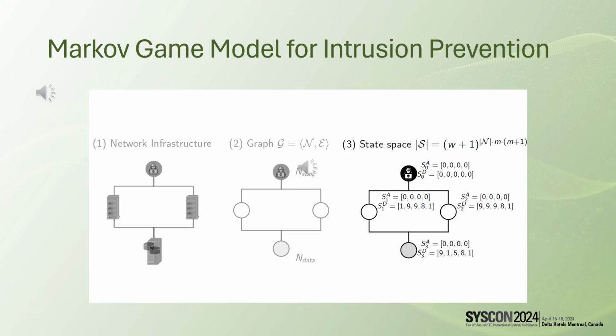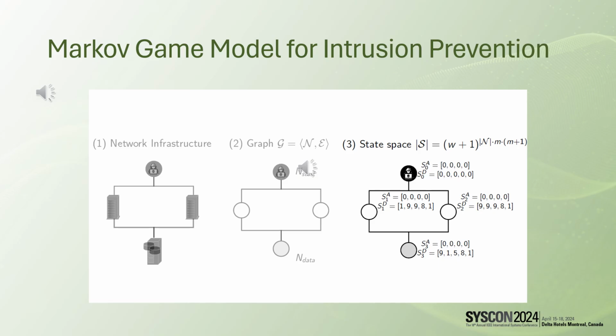For example, S_A0 for the attacker and S_D0 for the defender are both a set of zeros, which might represent the initial state of the network where no attack has been launched and no defenses have been triggered.